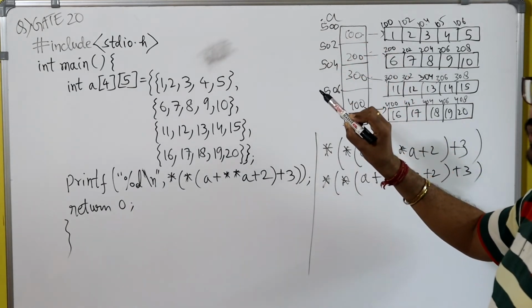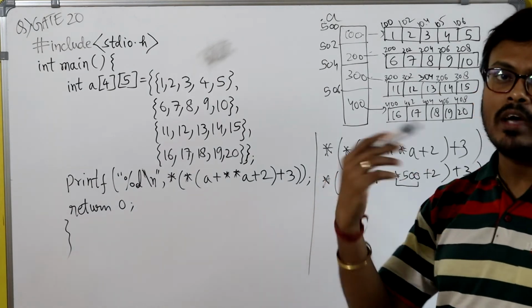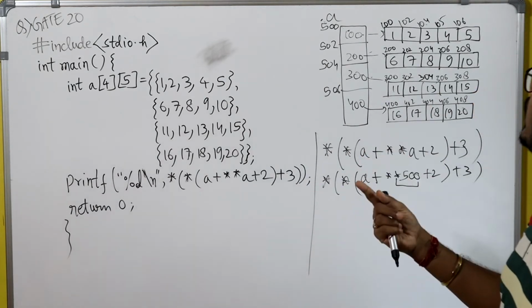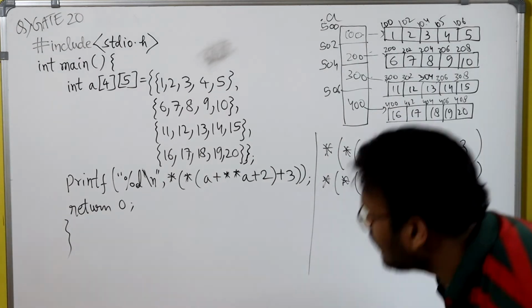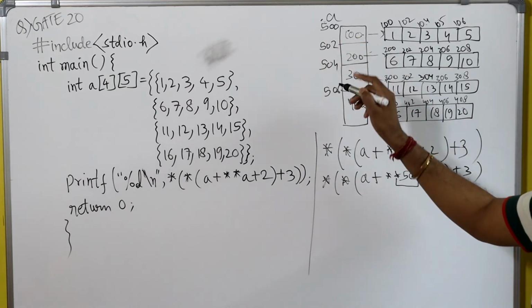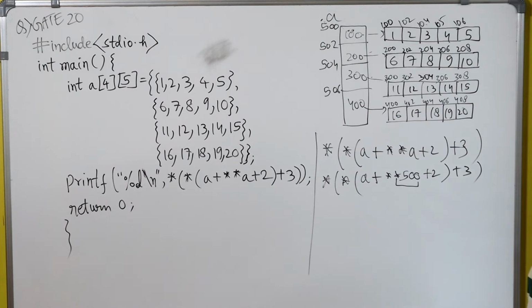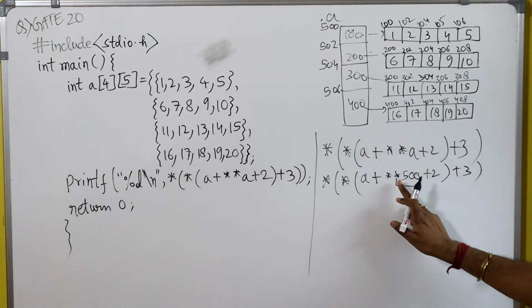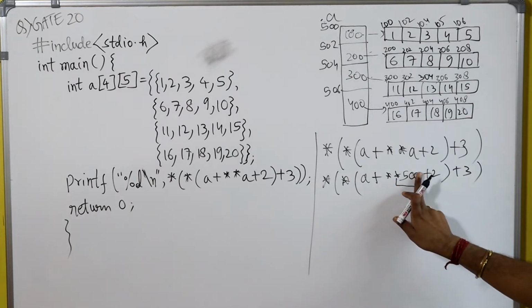Star of 500 means what is the value at the address 500? At 100. So with the help of a single star, we came here. So the value of star of 500 is 100. Let's write 100 here.